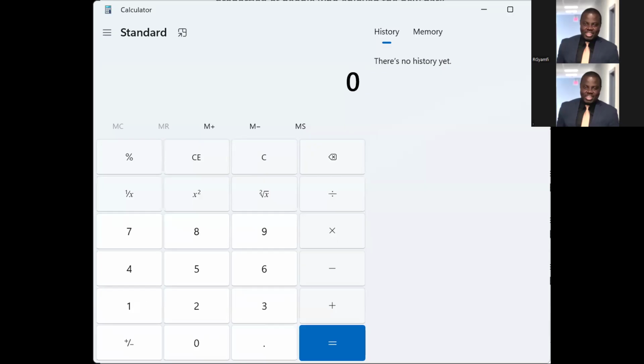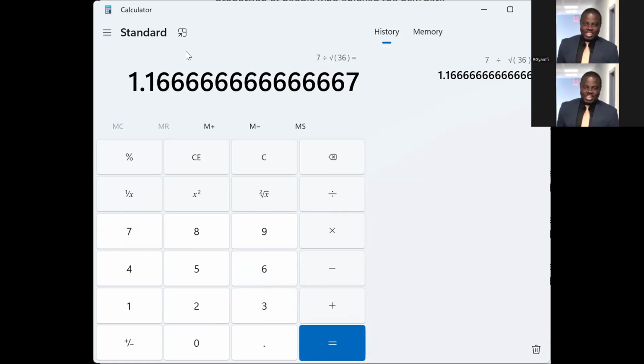We've got 7 divided by the square root of 36. The square root of 36 is 6, but let's say we didn't know that. So 7 divided by 6, or you do the square root of 36, and that gives you 6. So 7 divided by the square root of 36 is 1.6666. I'm not going to round.